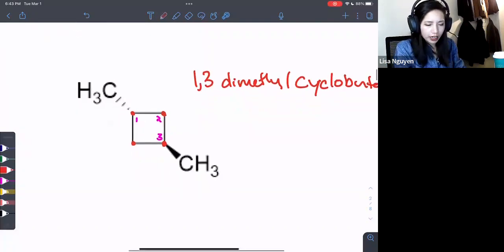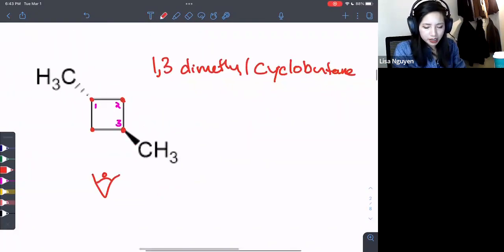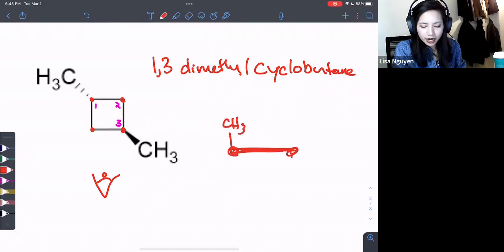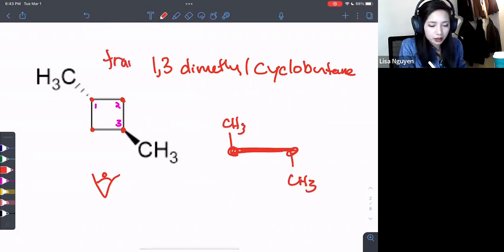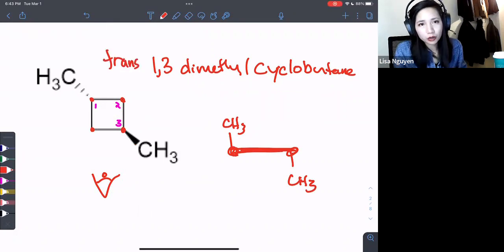If you look at the molecule from the side, one of the methyl groups is going to be going up and the other one is going down. So this is a trans 1,3 dimethyl cyclobutane. So don't finish just at 1,3 dimethyl cyclobutane. Make sure that you indicate the stereochemistry.